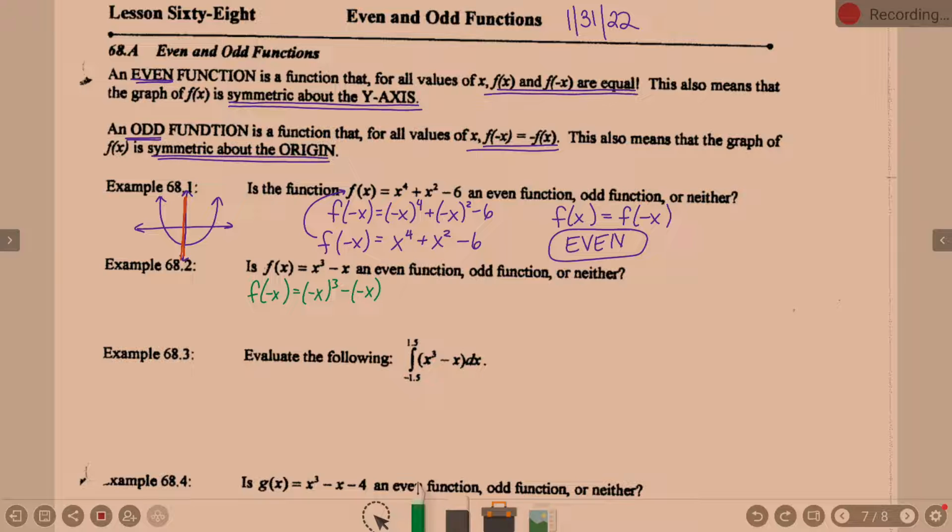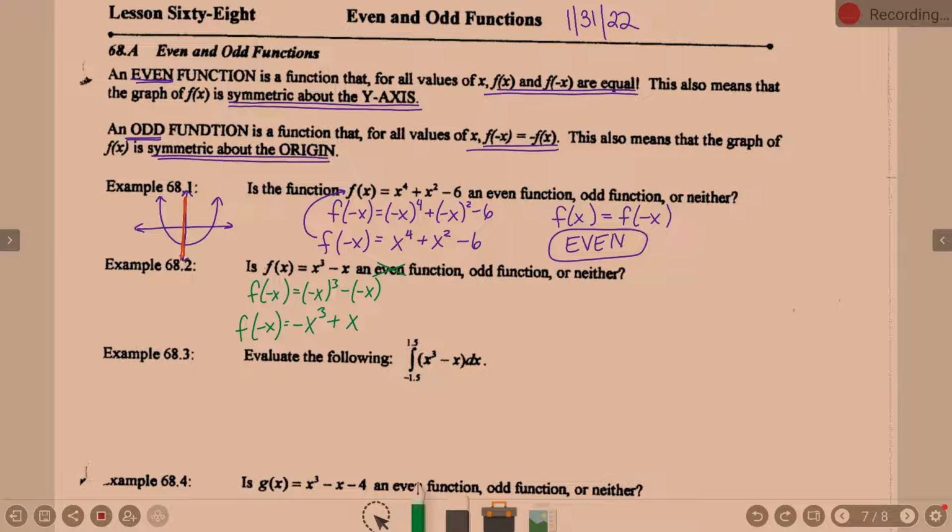What about negative x raised to the third? It's going to be negative x to the third minus negative x, so plus x. At this moment, I know it is not even. Okay, f of x definitely does not equal f of negative x. So I know it's not even.